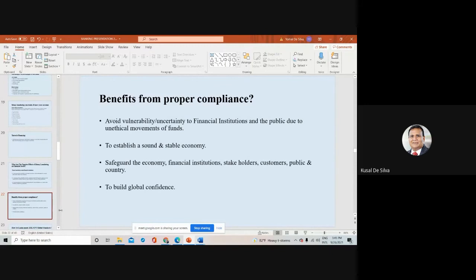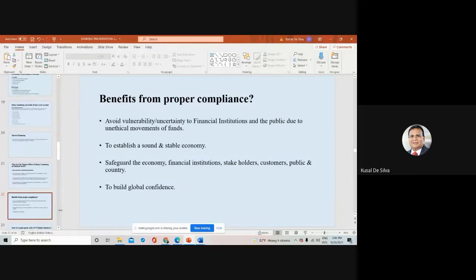Then even the Nostro, I explained about the Nostro accounts last week, even our corresponding banks put all our Sri Lankan banks under a watch list for each and every transaction, because in those countries their fines are very, very high.